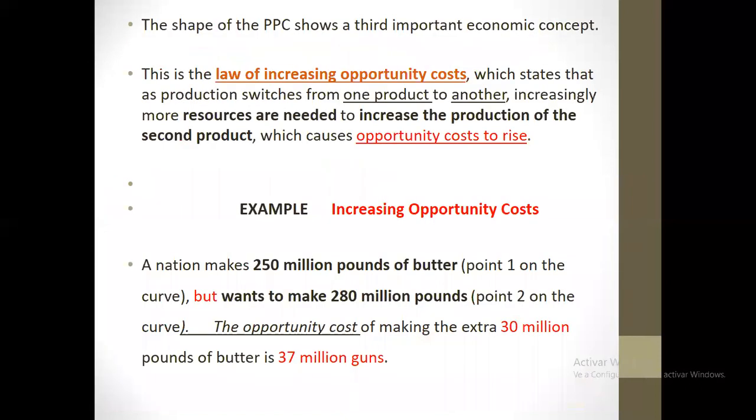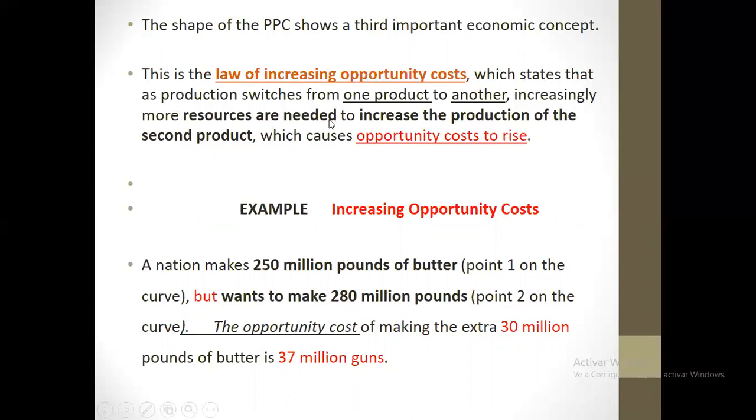Okay. Now, it says the shape of the PPC shows a third important economic concept. This is the law of increasing opportunity cost, la ley del aumento en el costo de oportunidad, which states that as production switches from one product to another, en este caso entre los armamentos y la producción nacional, increasingly more resources are needed.